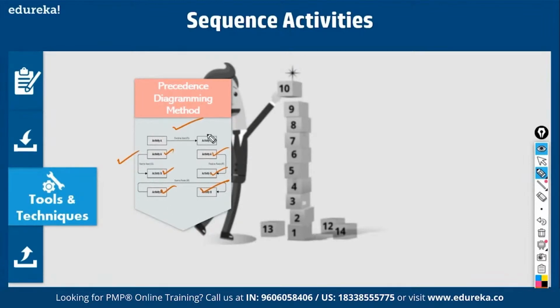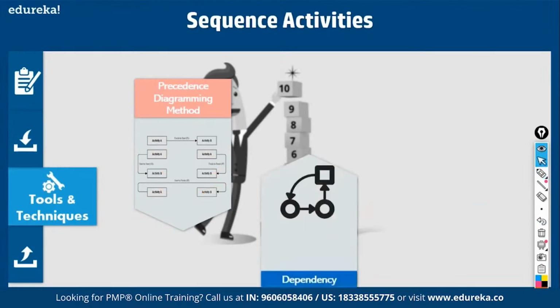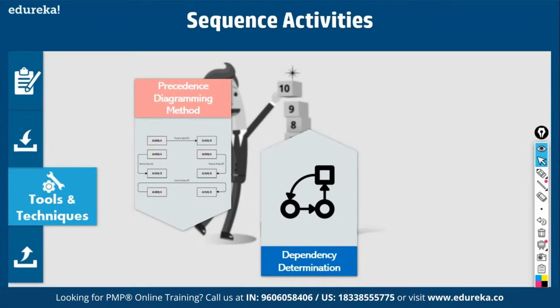So these are normally the 4 types of relationships you can use in coming up with network diagrams. Using these network diagramming techniques, you come up with network diagrams. Then dependency determination. That is what we saw now, right?